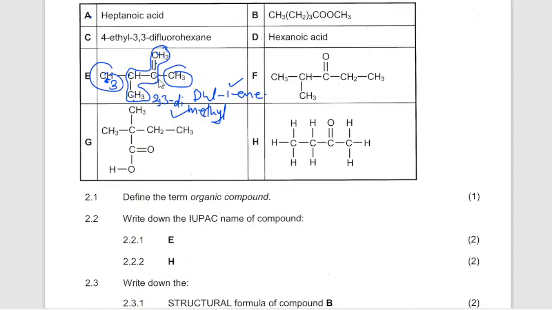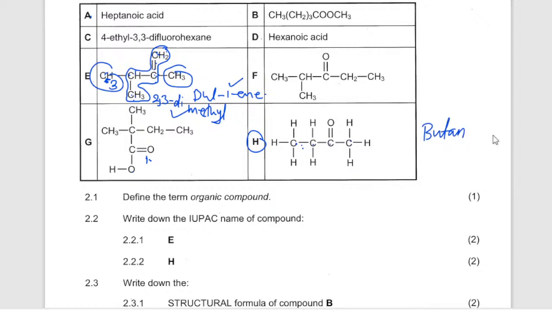Then we go to the next question: what is the IUPAC name of H? H is here. This is a carboxylic acid. No, they are not looking for this, they're looking for H. So this is a ketone. 1, 2, 3, 4, so it's going to be butane.